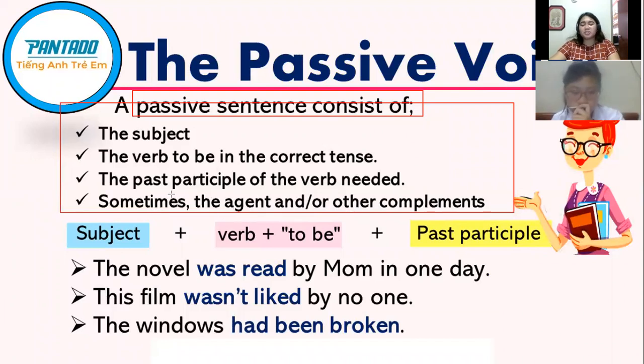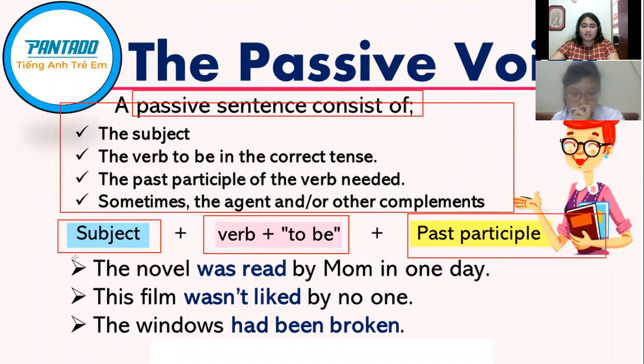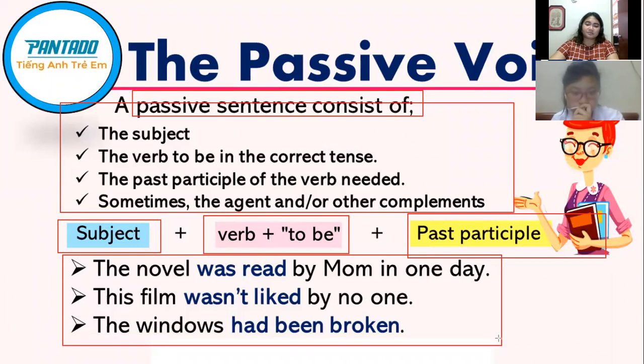So just always remember, the passive sentence consists first of the subject and the verb plus to be and past participle. Please read the examples. The novel was read by mom in one day. This film wasn't liked by anyone. The windows have been broken.